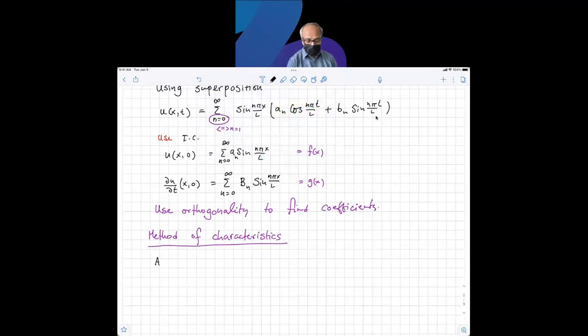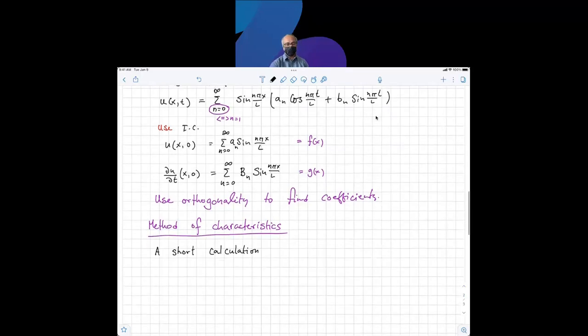First, I will do a short calculation. I already mentioned that earlier. So I'll rewrite the wave equation, but this time I will take everything to the left hand side.